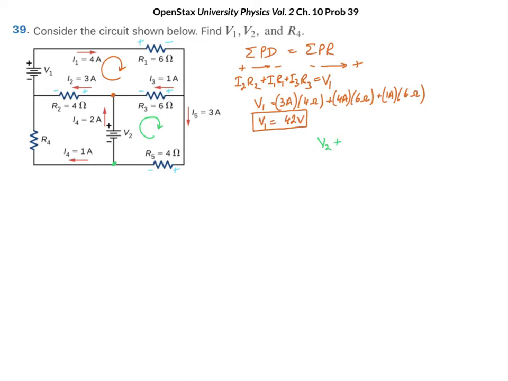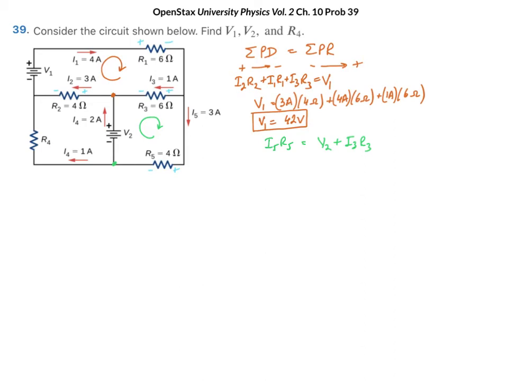So I have plus I3, R3. And then I will go through R5 with current I5 from plus to minus, so that is a drop. So it goes on this side of the equation, I5, R5. And we're done. We have 3 voltage terms here.